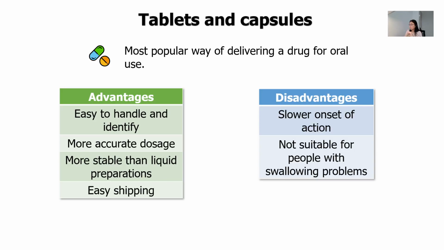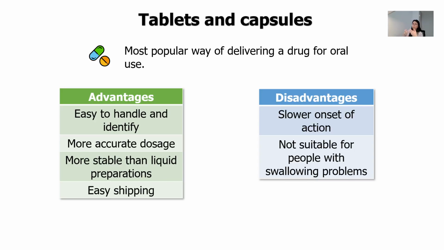One of them is a slower onset of action. Why is it slower? Because after we take the pill, it has to go through the stomach. It needs to start dissolving and disintegrating, and it takes some time to transport into the gastrointestinal tract, and only then will it be absorbed. Unlike oral solutions, which are already available as a liquid preparation, so absorption will be fast.